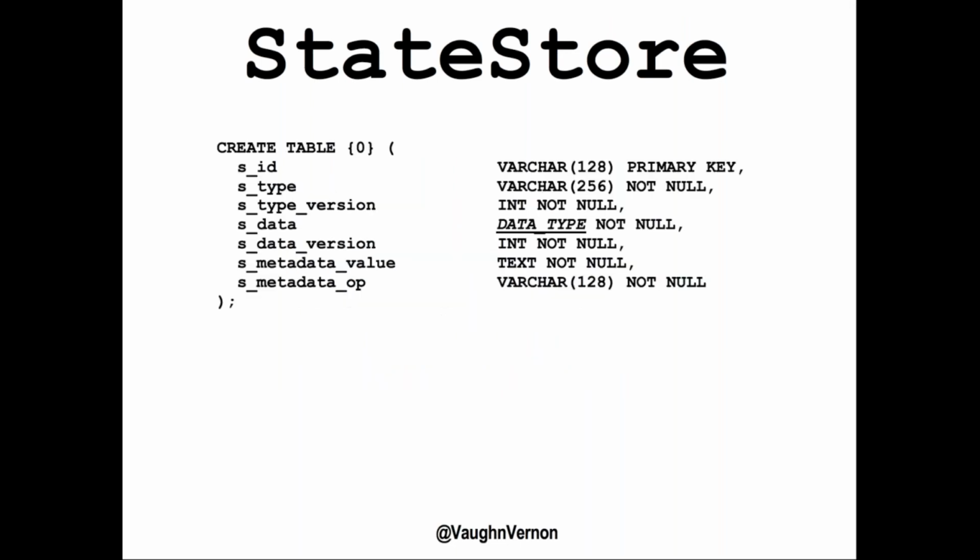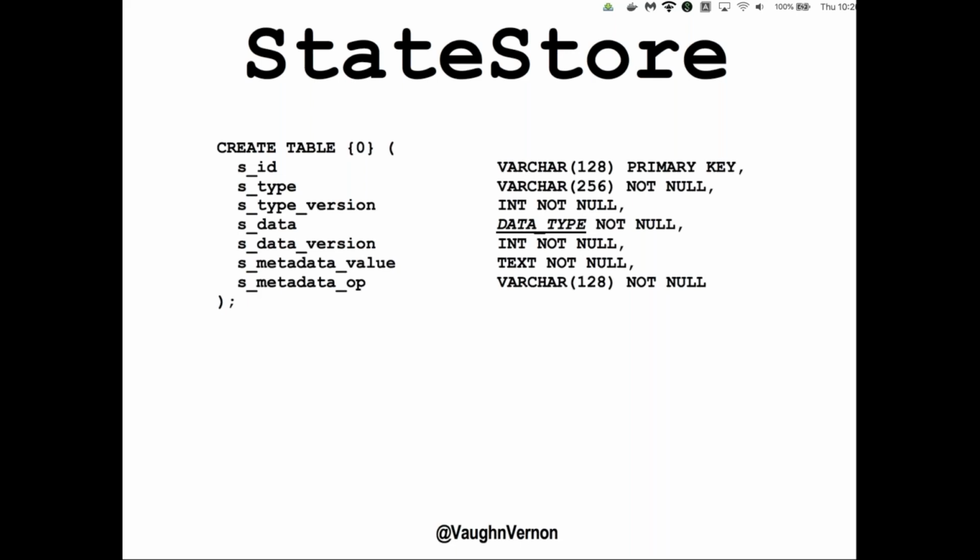Here's an example of the StateStore table. This table can be named whatever name is chosen by the implementer or user, and so you see that parameter for the table name.